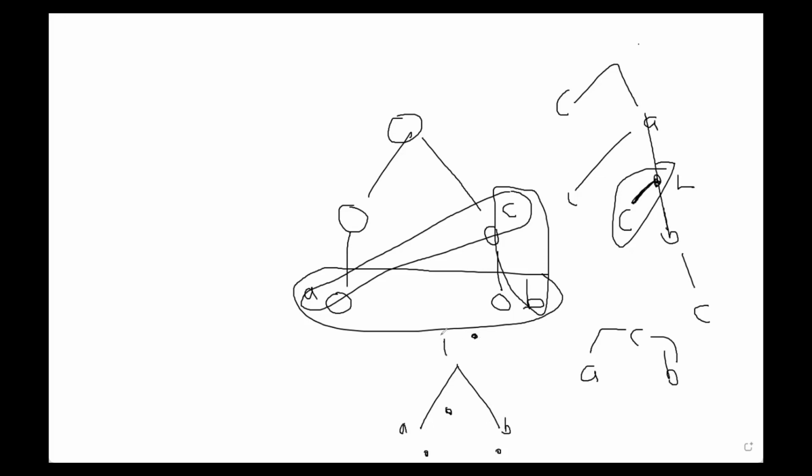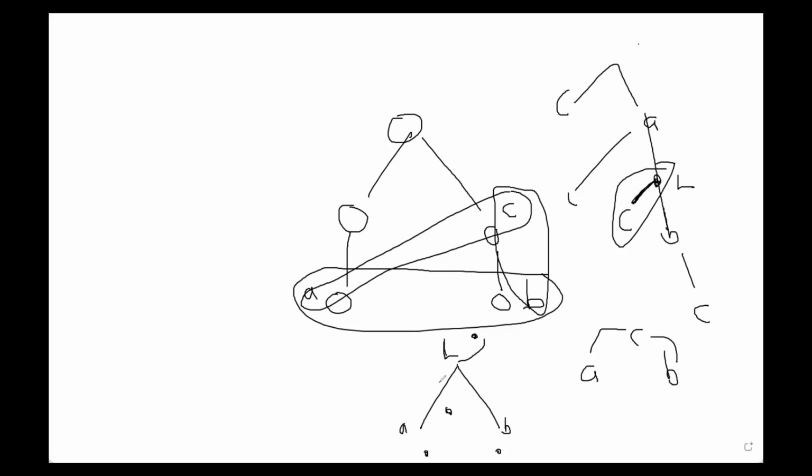Now if the LCA of C and L is not L, that means C is not on the path. Then if the LCA of C and B is equal to C, then C is on the path.